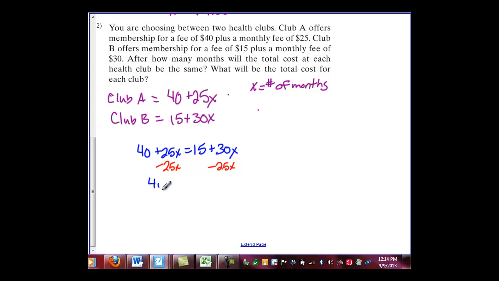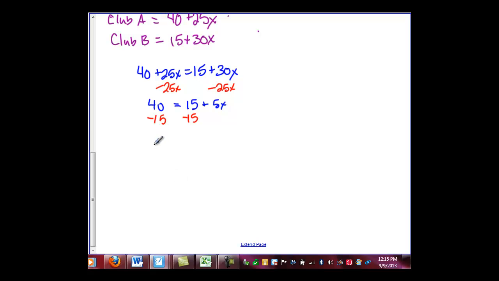So we have 40 equals 15 plus 5x. Subtract the 15 on both sides. And we're going to get 25 equals 5x. So x is what? Yeah. So we have 5 as x.